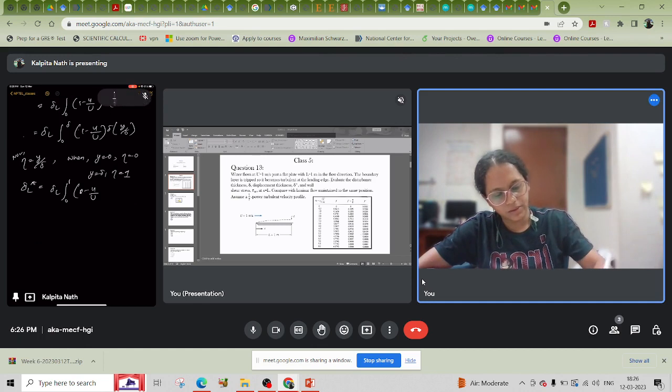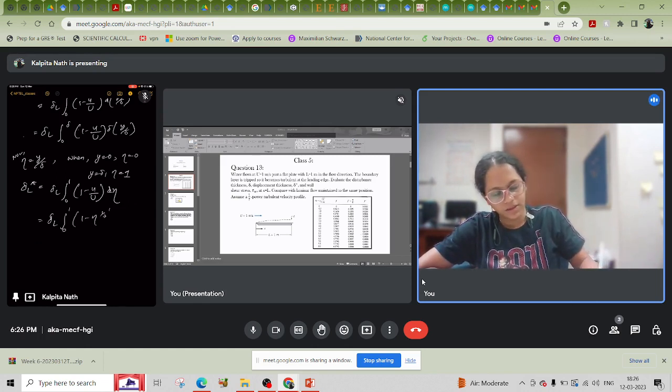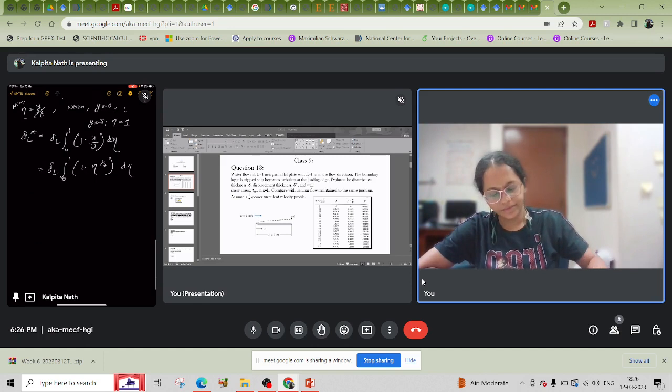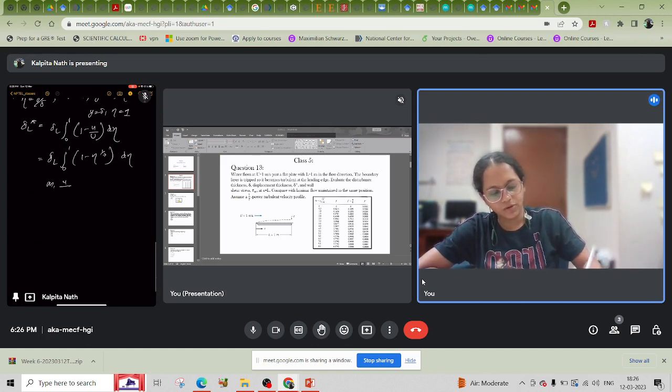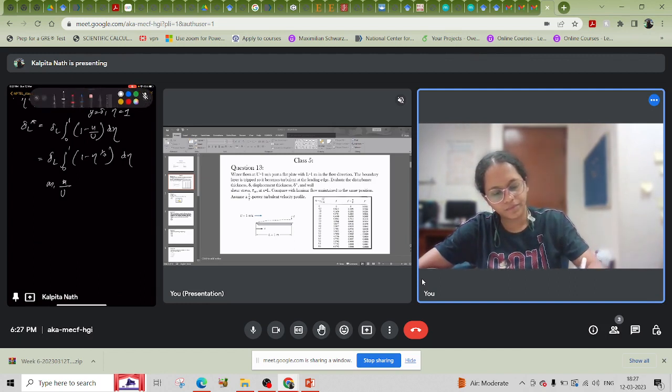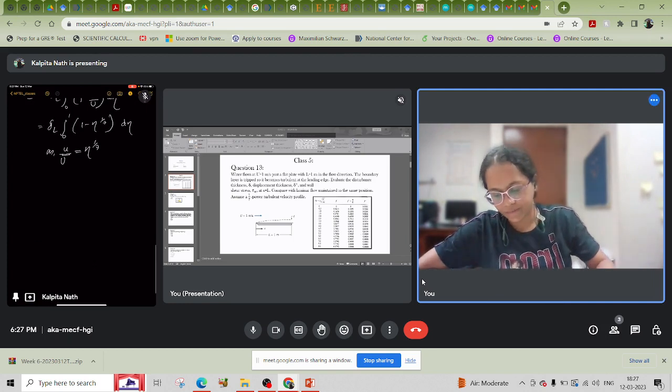Delta L integral from 0 to 1 of 1 minus eta to the power 1 by 7 d eta, as small u by capital U is equal to eta to the power 1 by 7.